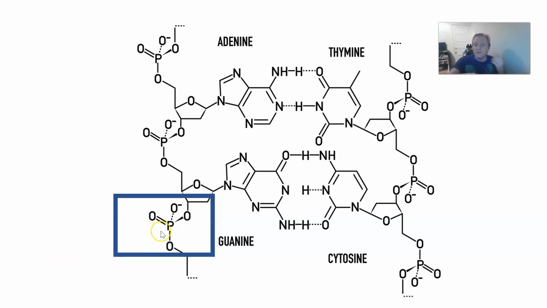But these phosphate groups are negatively charged. And that gives DNA a lot of really interesting properties, but we're going to exploit just one of those later on. I don't necessarily need you to know those properties, but I would like you to know DNA is negatively charged, and it's probably a good idea to know that it's negatively charged because it has a bunch of negatively charged phosphate groups.